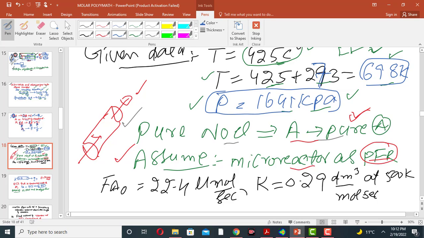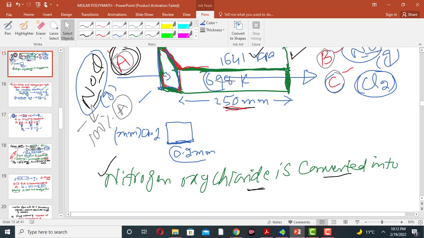The other values are also given to us, which is FA0, the molar flow rate of nitrogen oxychloride at the entering point.